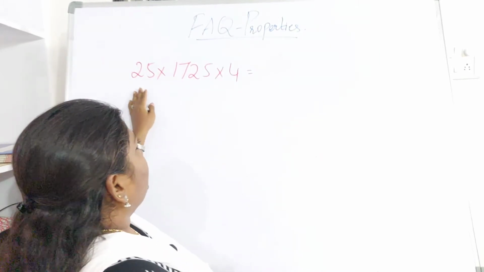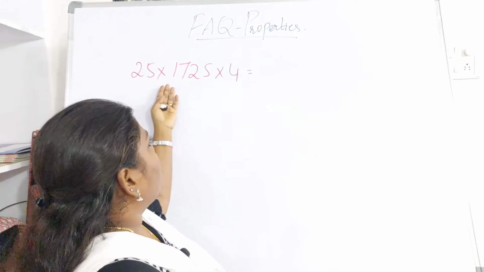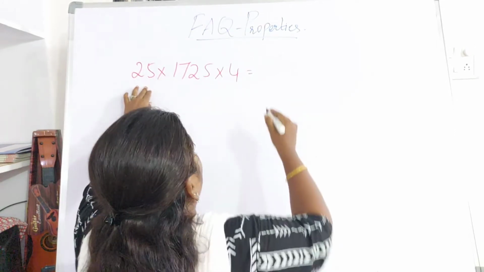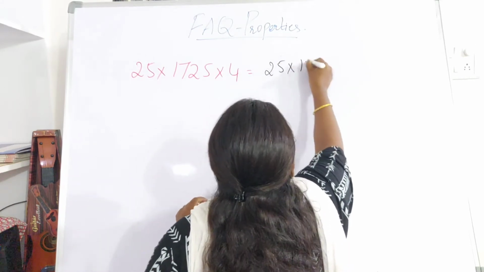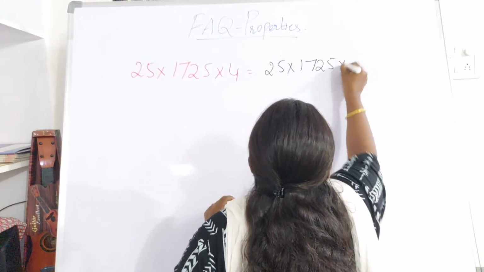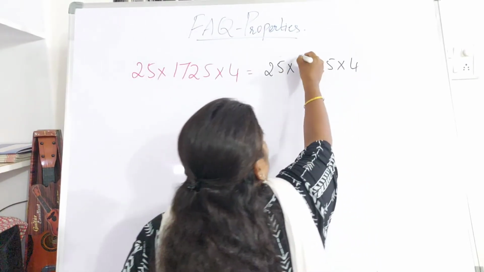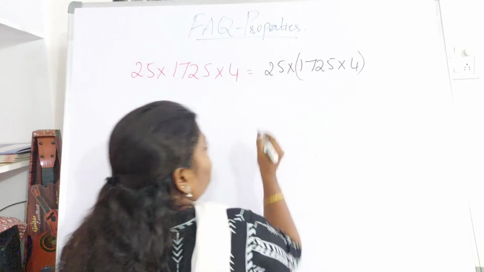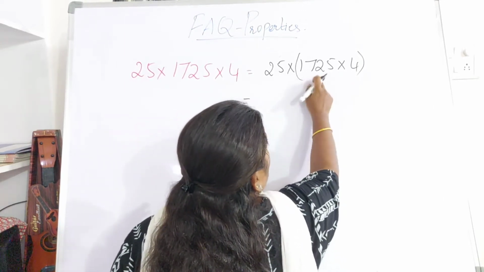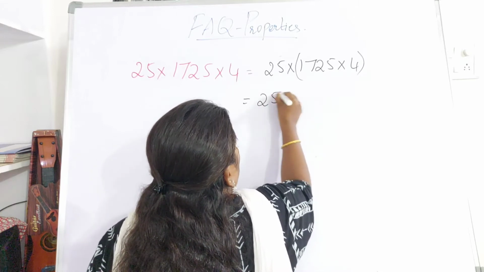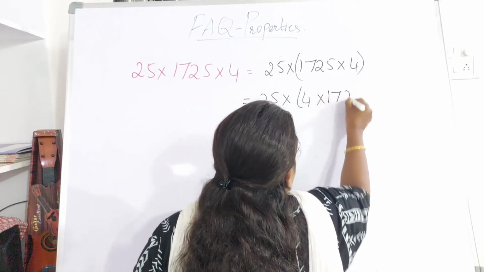So the next one is 25 into 1725 into 4. So the same property is used. So first I am taking 25 into 1725 into 4. You can either take these two or the first two. So this time let me take the last two. So now I am using commutative property and interchanging these two numbers, that is 25 into 4 into 1725.